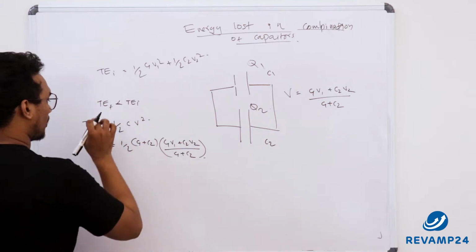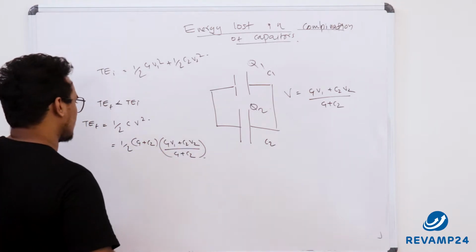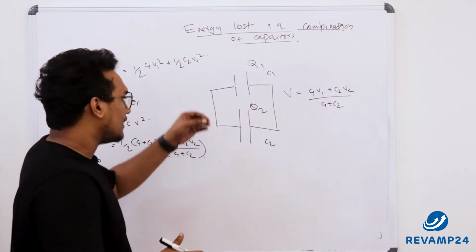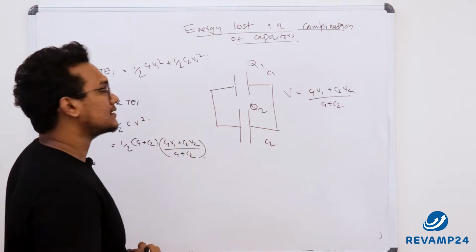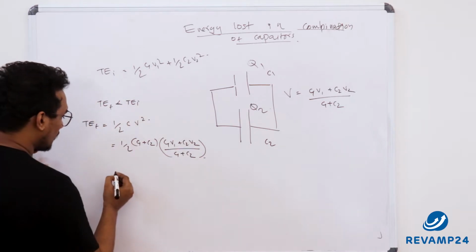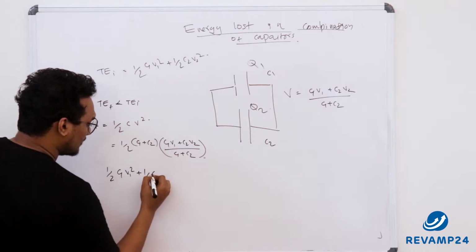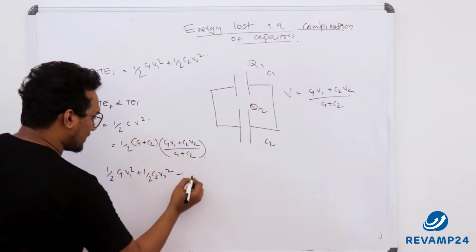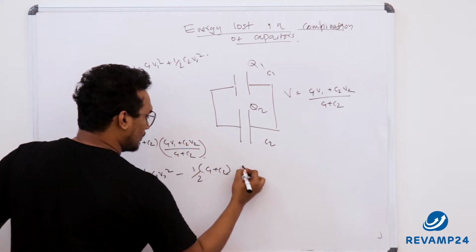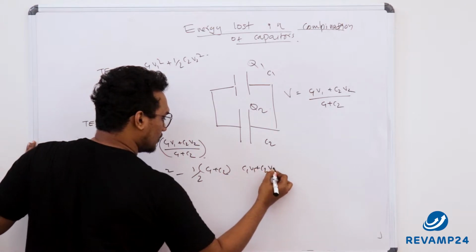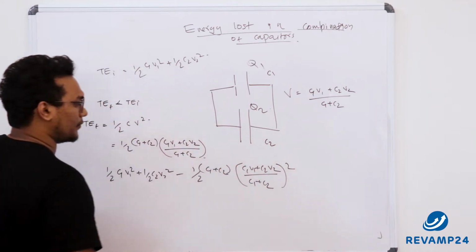Okay, now total energy initial minus total energy final will be the change in energy, or that much amount of work is required while this charge transport is done. Now total energy initial is half C1 V1 square plus half C2 V2 square, minus total energy final, which is half into C1 plus C2 into C1 V1 plus C2 V2 divided by C1 plus C2 the whole square, because this is the common potential, right?